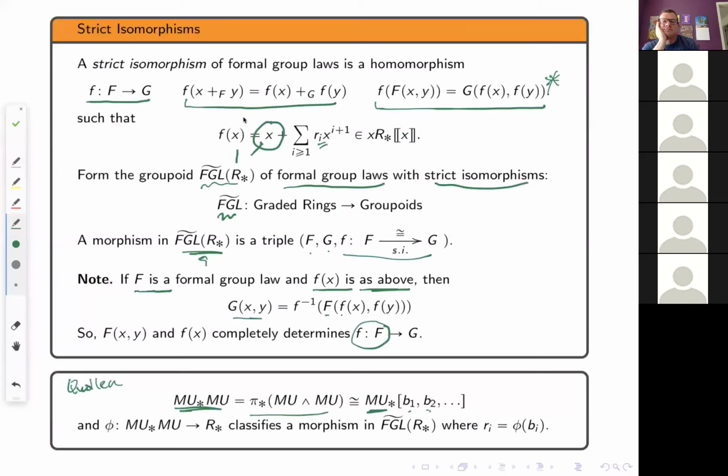So if you have a map from MU star MU to a ring R star, the effect of the map on MU star gives you the formal group law. Remember, if you restrict phi here to MU star, then that gives you the formal group law. And the r_i's are the image of these b_i's. So the coefficients of the strict isomorphisms are just the image of these guys. So that's what MU star MU classifies.